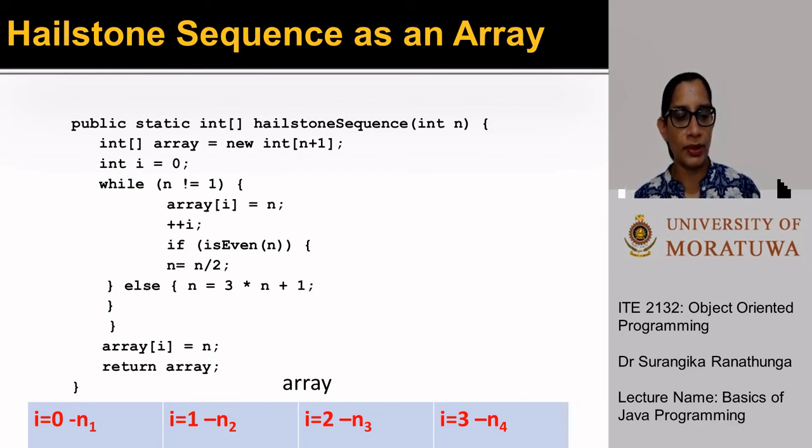In the first position, that means i equals 0, we have the first value of n, and in the second position, that means i equals 1, we have the second value of n. Likewise, we will be storing the values of n as we execute the while loop, and we will be filling the array.